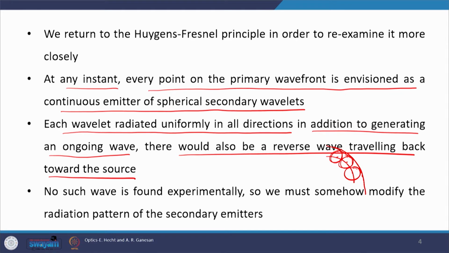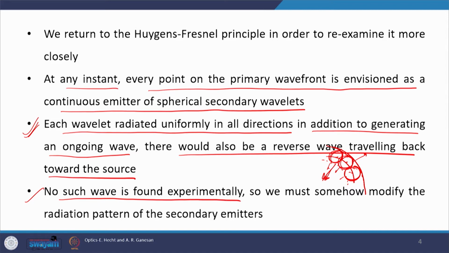But since the waves are emitted by these point sources on the primary wave front, they also propagate in the backward direction, and therefore, if you draw the envelope here, you will see that the wave is propagating in the forward as well as the backward direction. This is quite contrary to the usual observation, because we know that waves propagate in the forward direction. Therefore, this point is a point of concern, because no such wave is found experimentally.